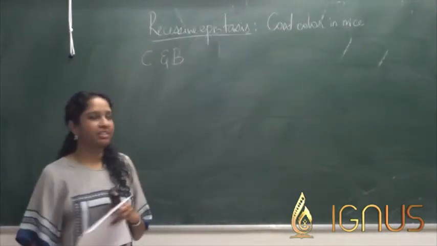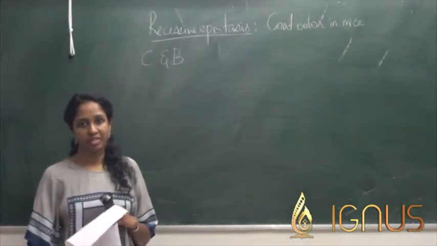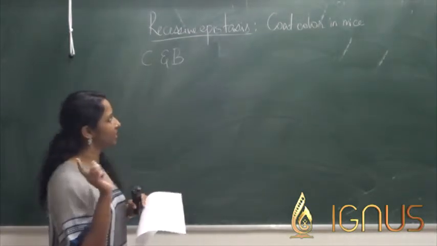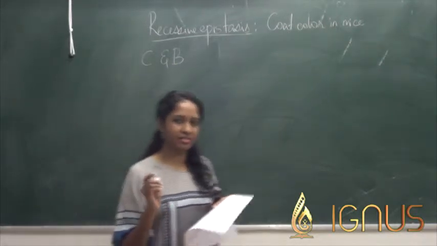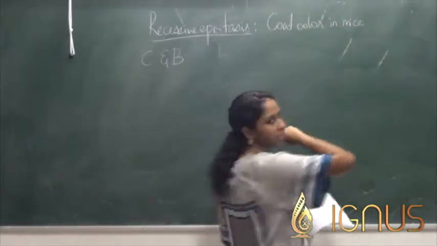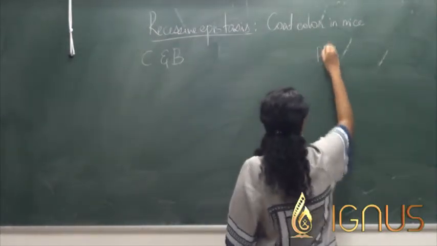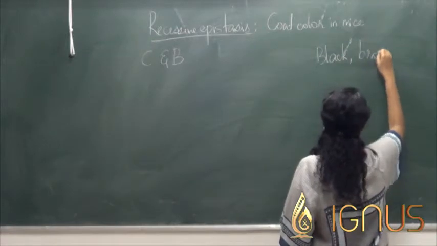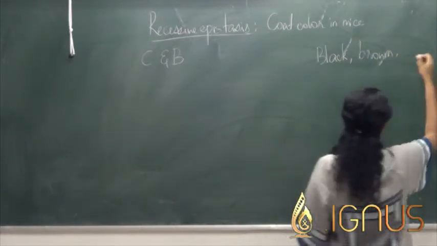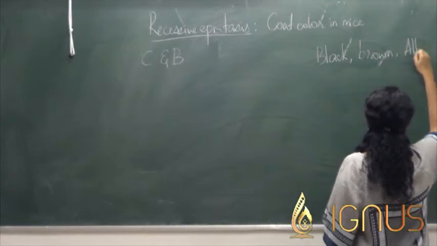Okay. Going with the next kind of epistasis, which is recessive epistasis, I'll be explaining it with the example of coat color in mice. Now, coat color in mice comes in three different colors: the wild type or agouti, which is the black, then you have brown, and the white coat color or the albino.